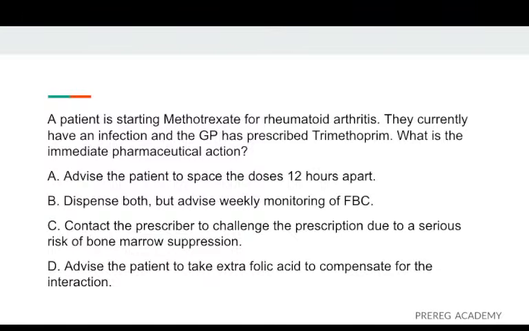So symptoms to expect with hyperkalemia: palpitations, yes, palpitations, ECG changes.